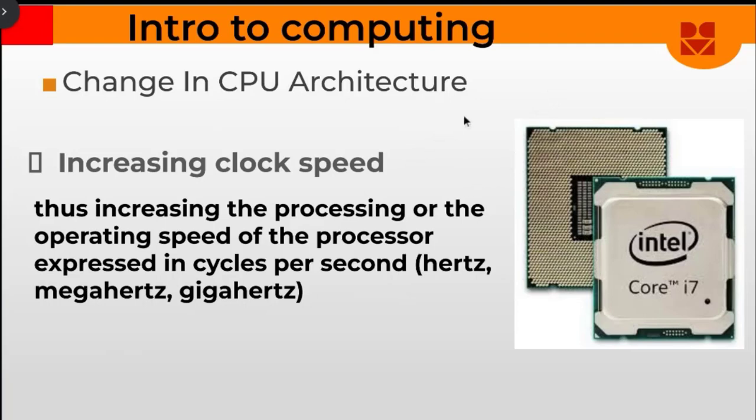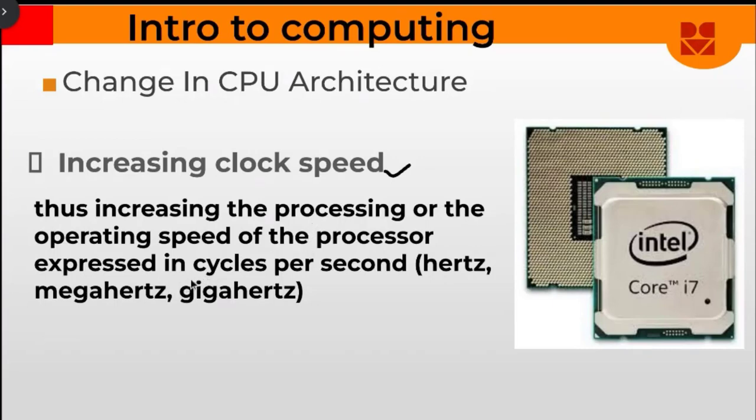So in the earlier days, they sought to create a lot of things that would help improve the compute speed of the computer. One of the things they sought to do was to increase the clock speed. The clock speed is basically the processing speed or the operating speed of the processor, right?